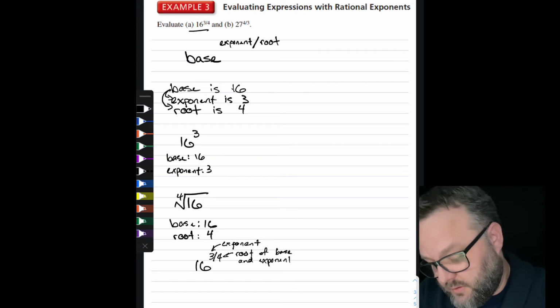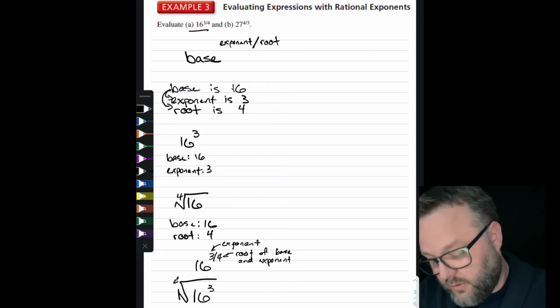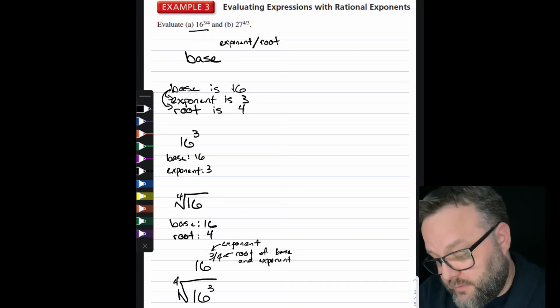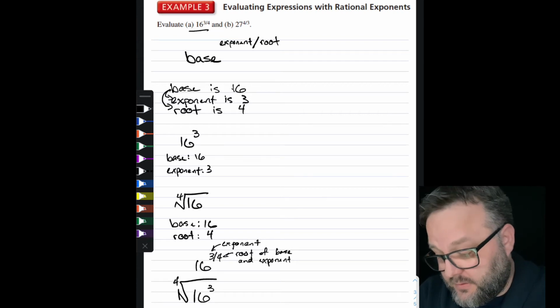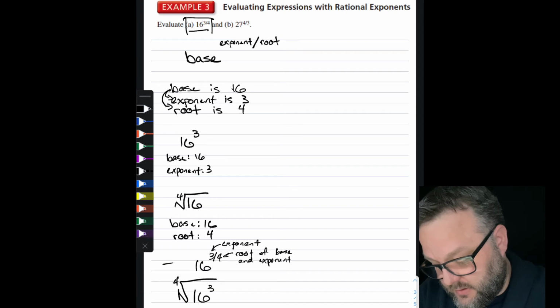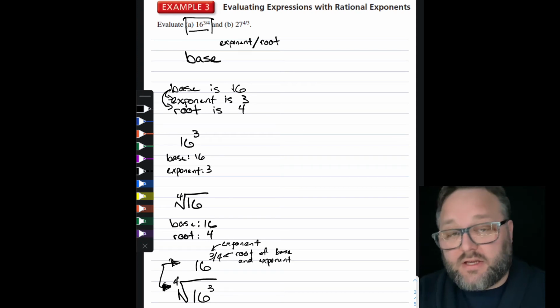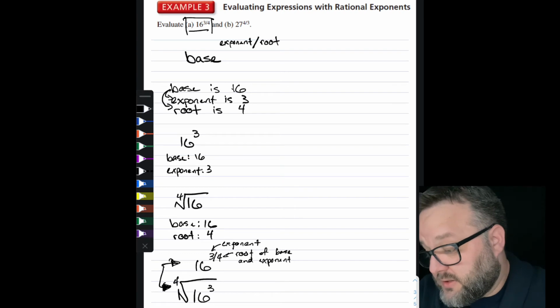In other words, I need to rewrite it as the 4th root of 16 to the 3rd. So this 16 to the 3/4 is the same as saying the 4th root of 16 to the 3rd.